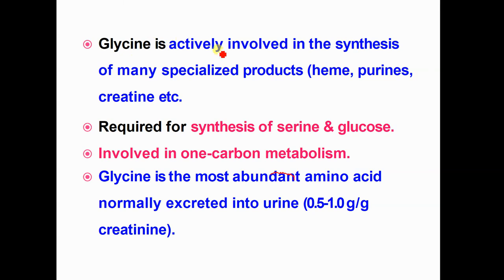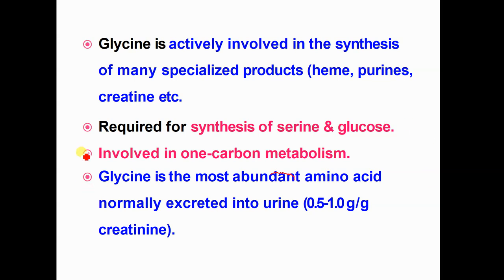Glycine is actively involved in the synthesis of many specialized products, which include heme, purine, creatine, glutathione, and various other proteins also. It is the amino acid present most abundantly in our body and is required for the synthesis of serine and glucose.